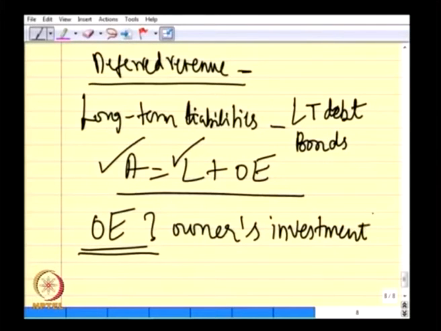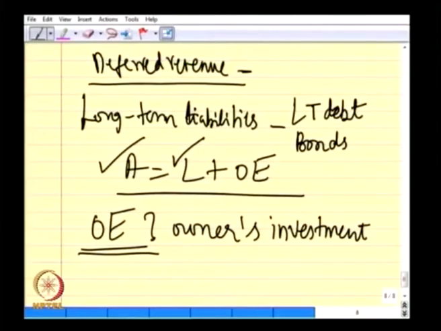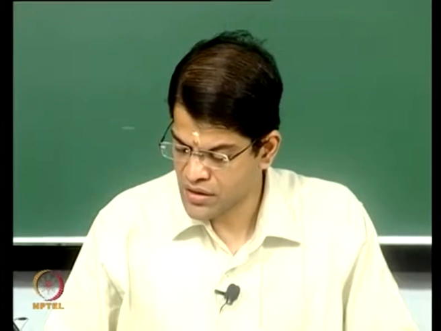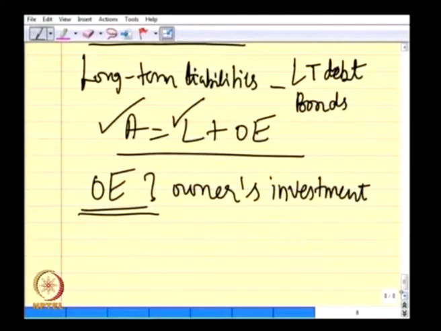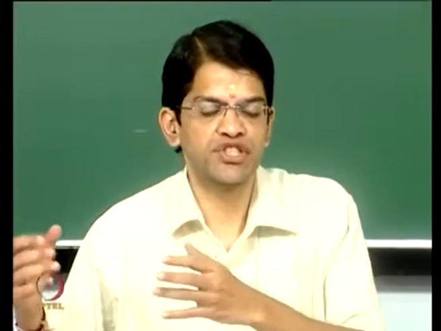Now, owner's equity is the extent to which an owner's investment in an entity is expressed. Usually, this gets reflected from the fact that an owner or a group of owners owns a certain percentage of shares in the incorporated entity.